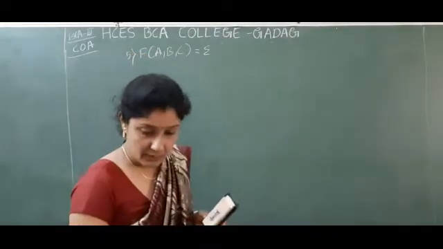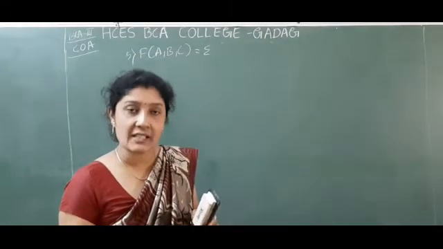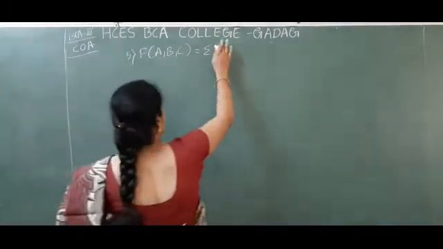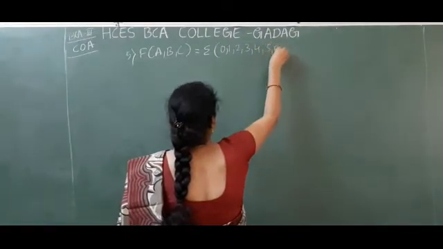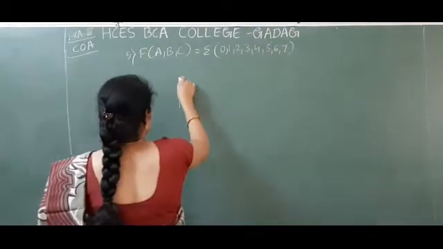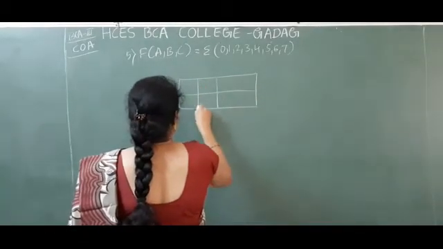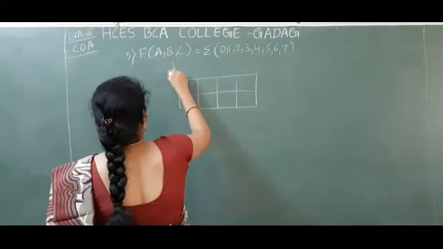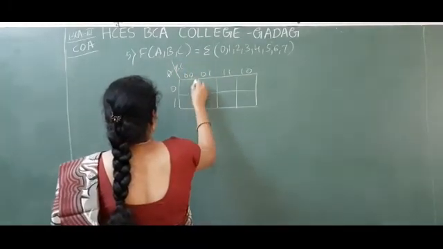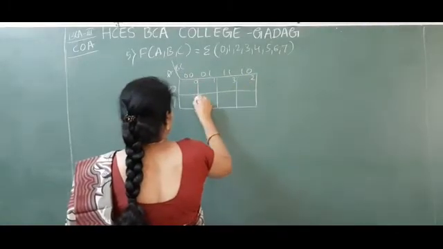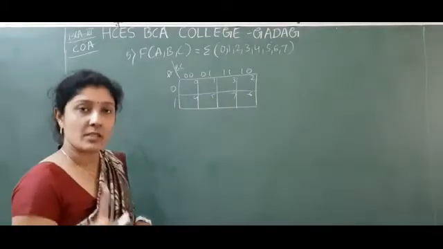Now the next one is 0, 1, 2, 3, 4, 5, 6, 7, means all. See, in this, all the values are 1.